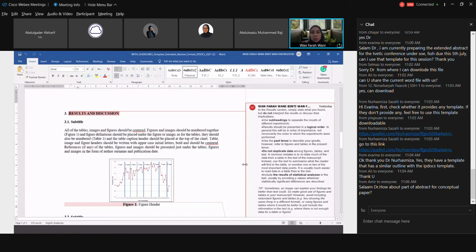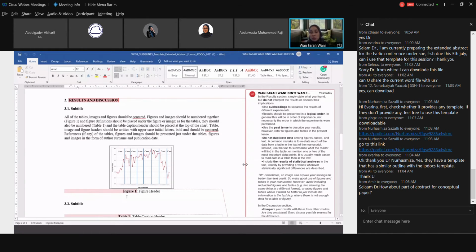To describe your results, however, refer to figures and tables in the present tense, as illustrated. Figure 1 presents, not Figure 1 presented, because you are actually guiding the reader, asking them to look at the figure.